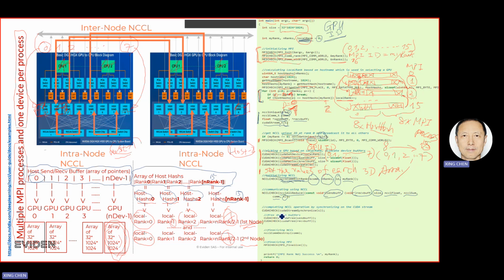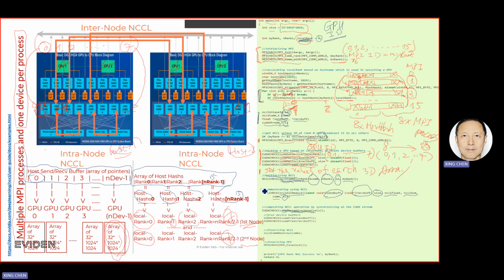So we need to call this CUDA stream synchronize to check whether everything is going fine or not. If there is no error message from the system, that means everything is fine, and then NCCL is going to do this all reduce function call, this all reduce collective communication for you.